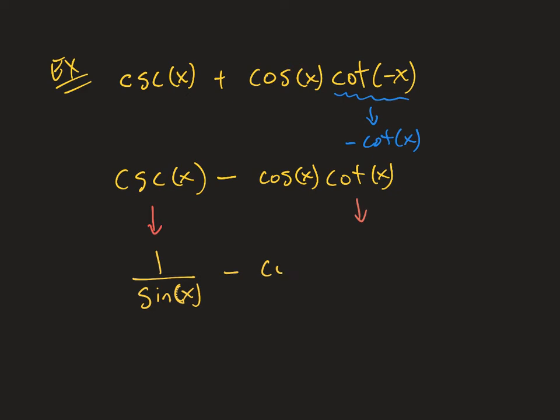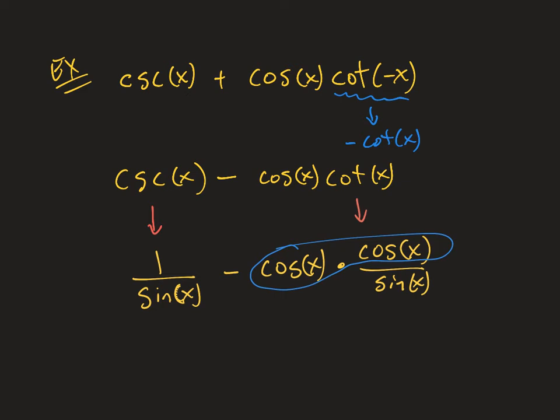I'm not doing anything to cosine of x right now, but what I'm going to do here is turn the cotangent of x into cosine of x over sine of x. And now I can multiply these two together and make this a cosine squared of x.